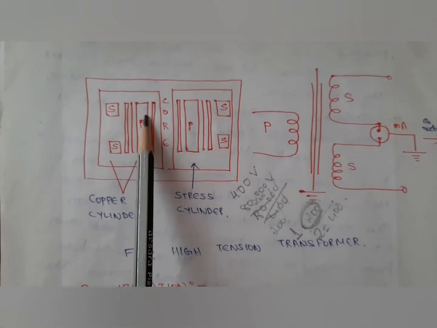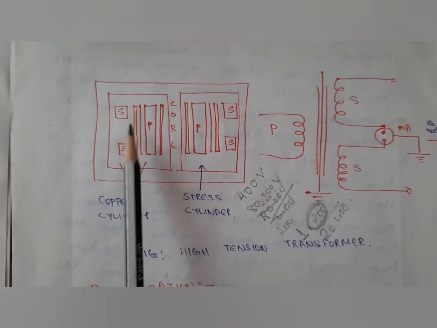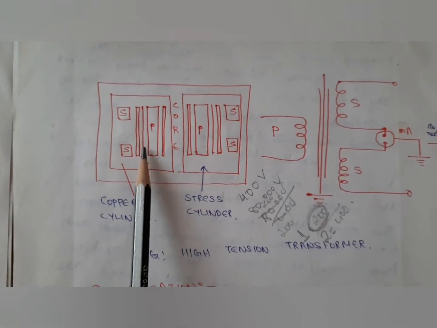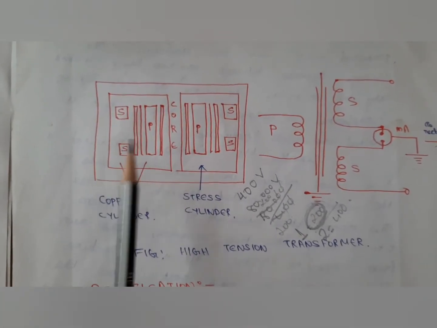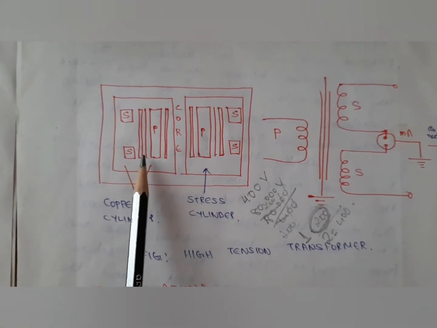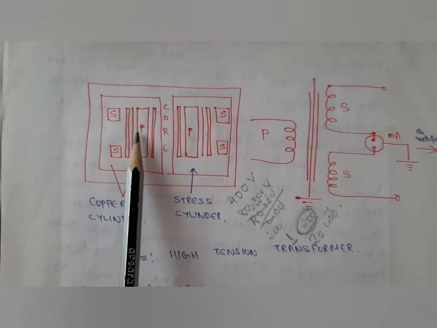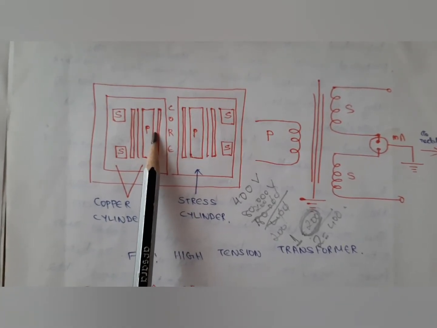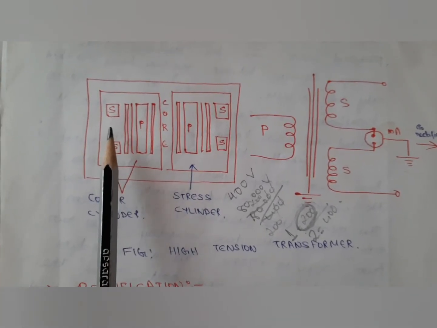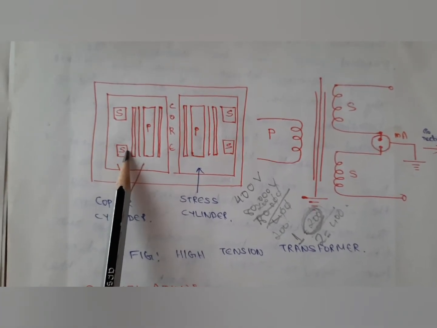Here you can find a single primary coil and two secondary coils. Since the high tension transformer is a step up transformer, the number of turns in the secondary will be greater than the number of turns in the primary.